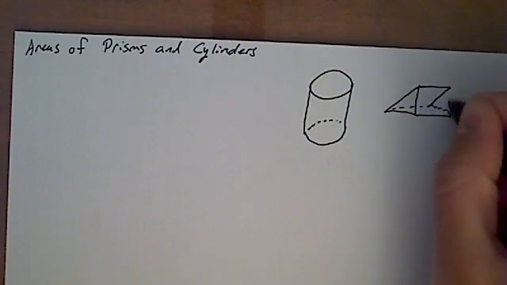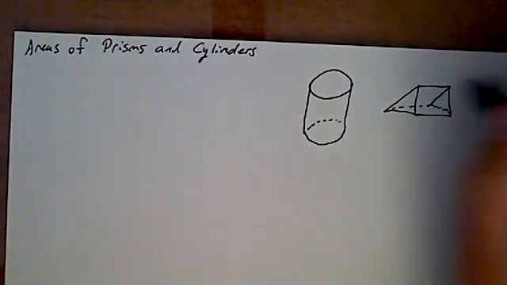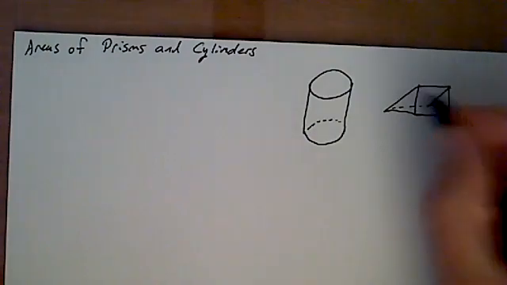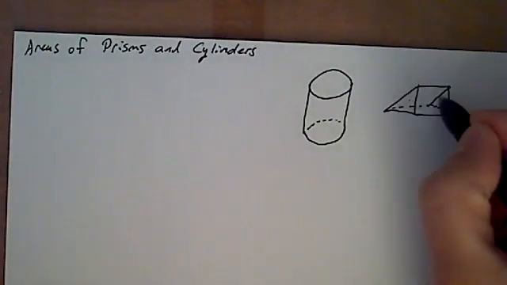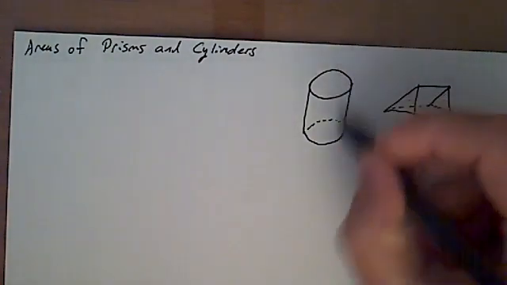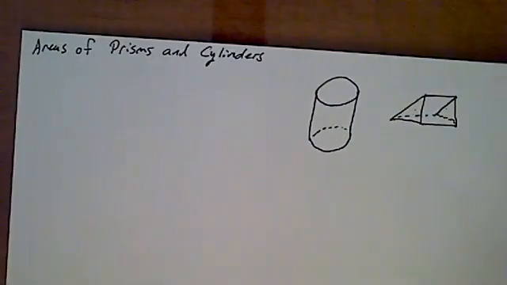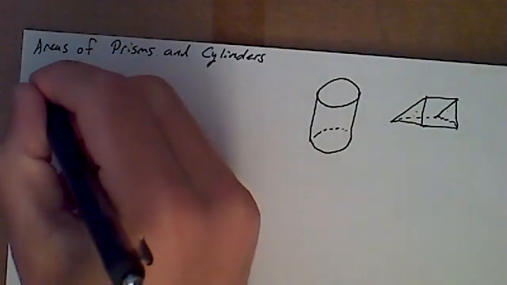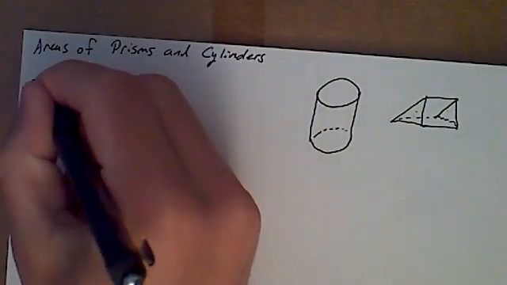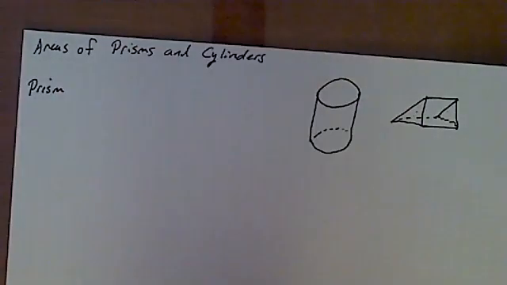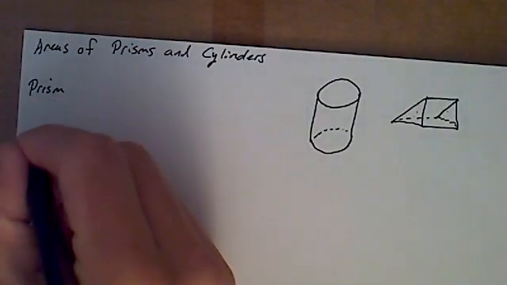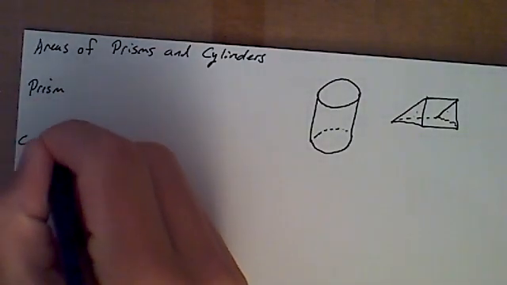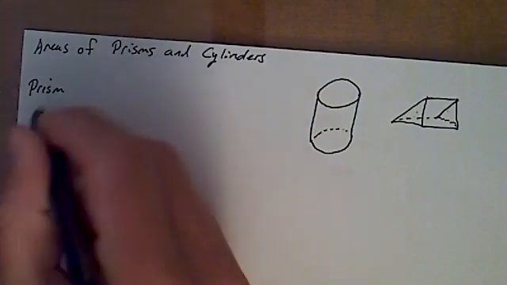That should be a dashed line as well, sorry. All right, so our bases are the two triangles, or our bases are the two circles. So we might have our prism or our cylinder.